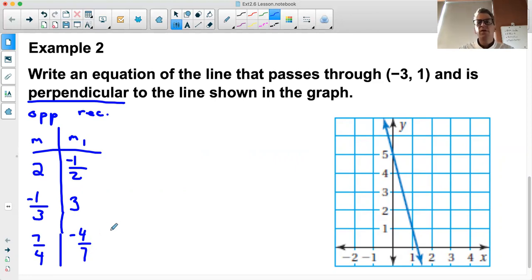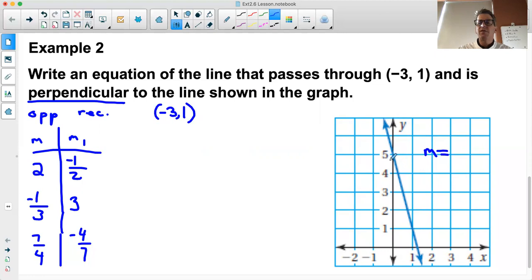Okay, so back to this equation. It passes through -3, 1. So let's write that -3, 1 down. And it so happens it's going to be perpendicular to this line. So let's take a good look at this line here and see if we can determine the slope.